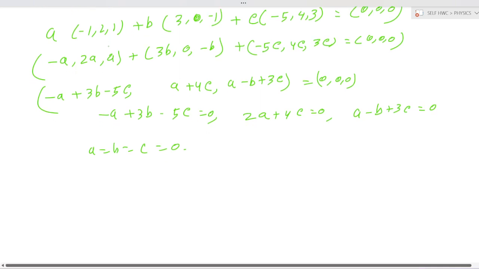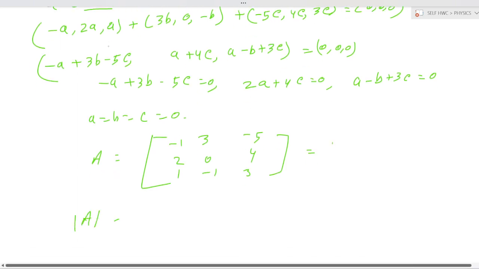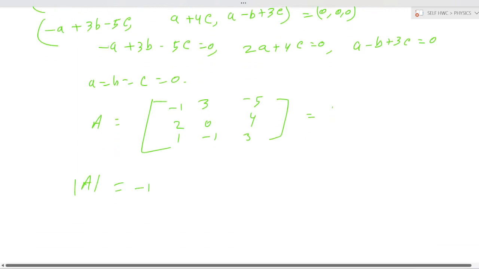Hence the coefficient matrix is minus 1, 3, 1; 2, 0, 4; and minus 5, 4, 3. Determinant of A is minus 1 into 0 plus 4, minus 3 into 6 minus 4, minus 5.